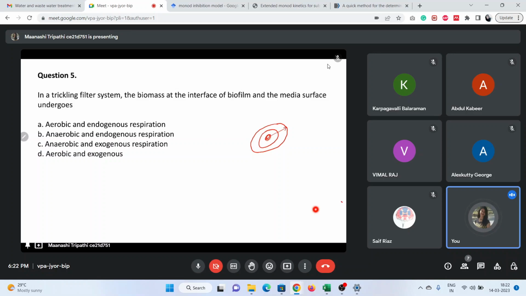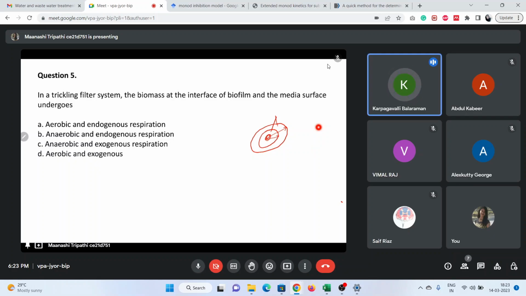Some of the biomass is highly attached to the media and some is a little far. So both of these biomass layers will undergo different conditions. So what type of condition may it go through? You can select the correct option. It can be aerobic, anaerobic, or exogenous or endogenous.